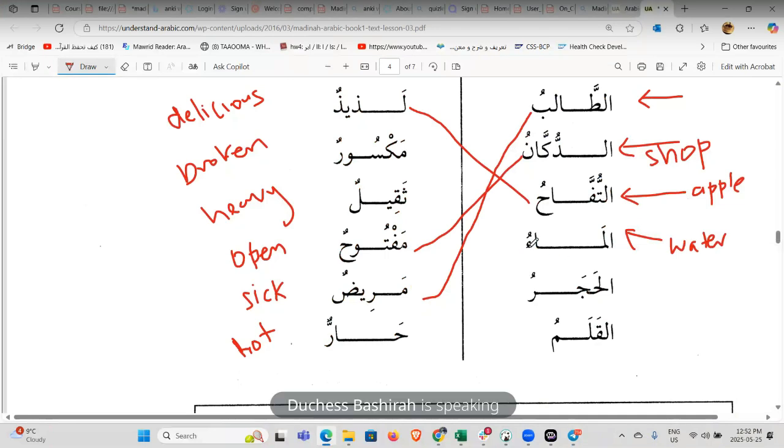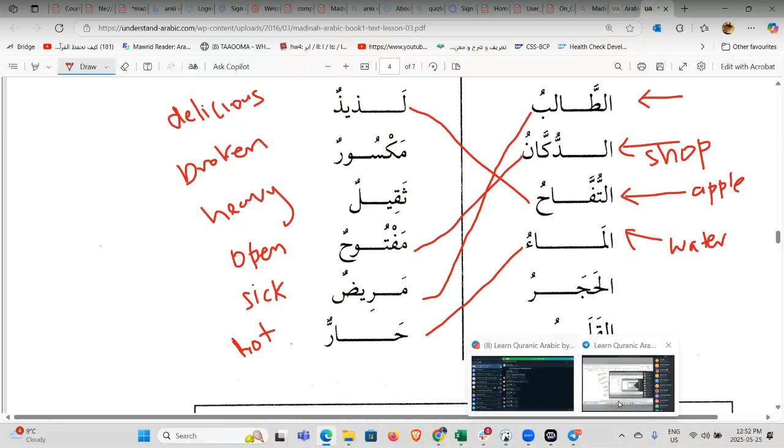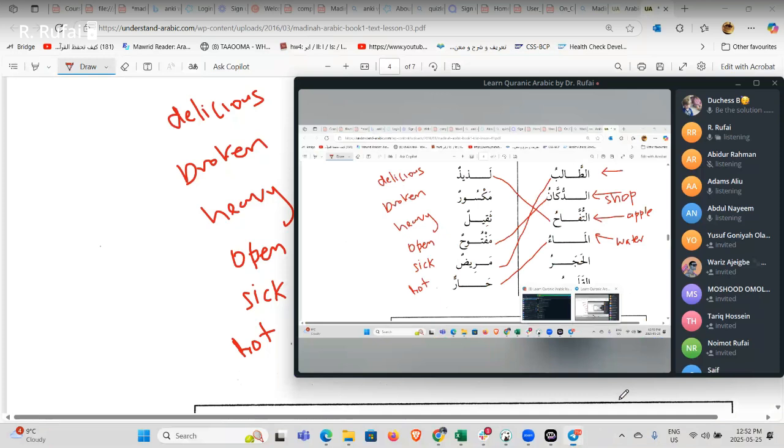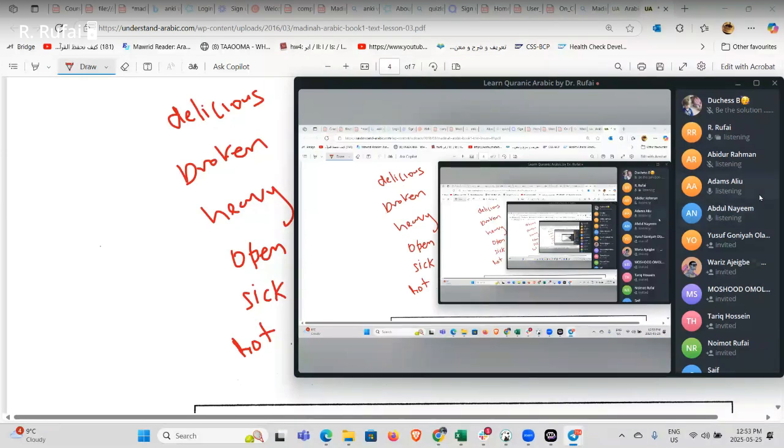Al-ma'u harrun. Very good. The water is hot. And the last person is, I think that's everybody. Did we do everybody? 1, 2, 3, 4.